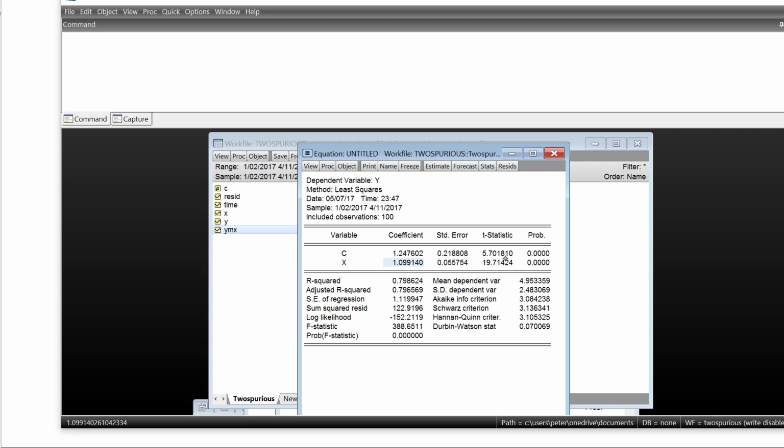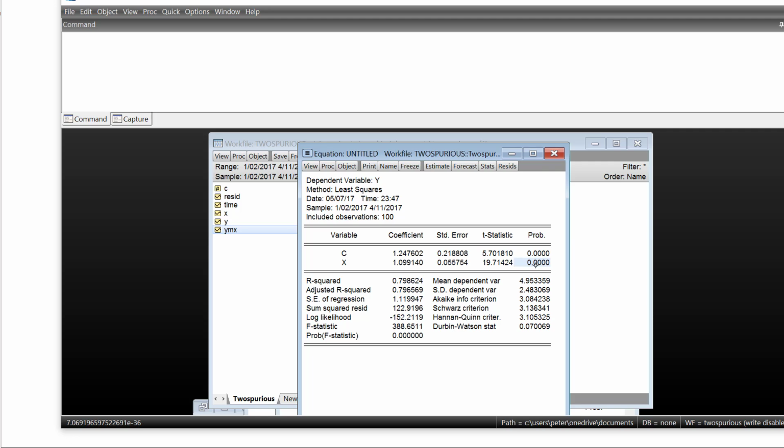The coefficient for x is hugely significant. R square is very large, and we may want to conclude that there is a strong relationship between x and y. I know that there is no relationship between them because these are just two completely independent random walks.